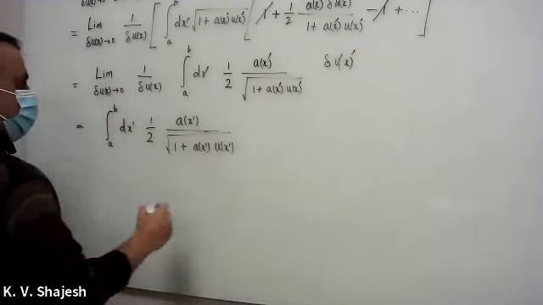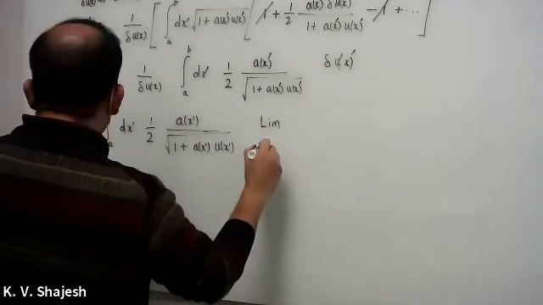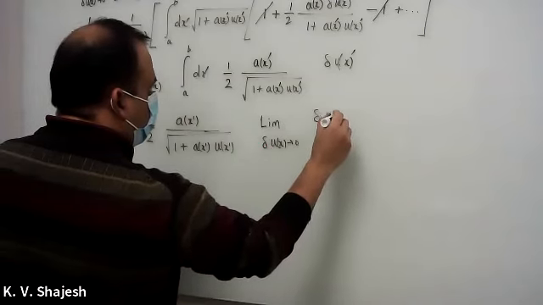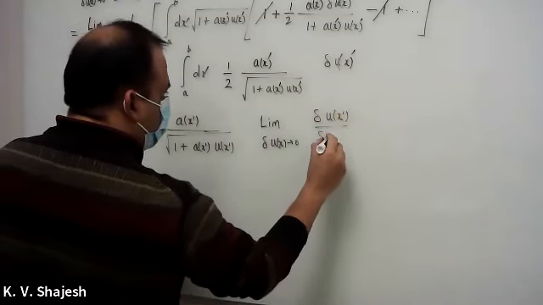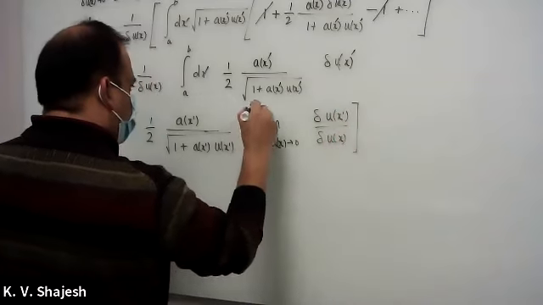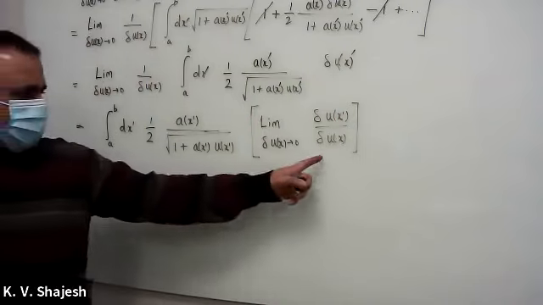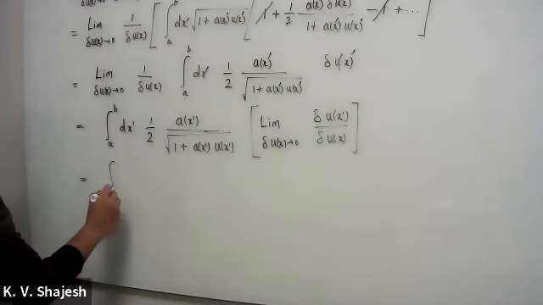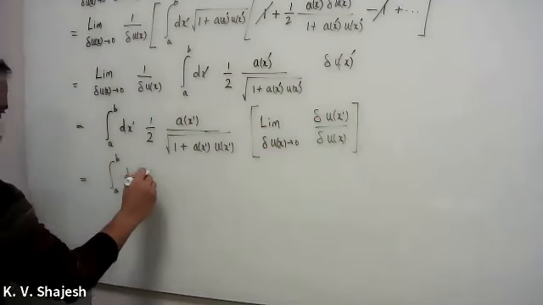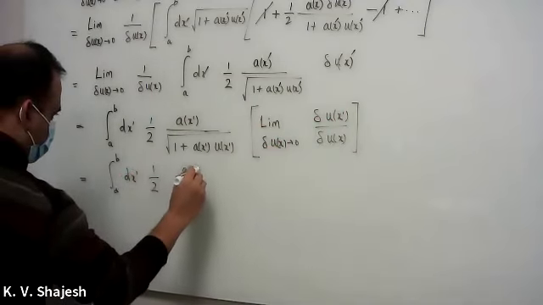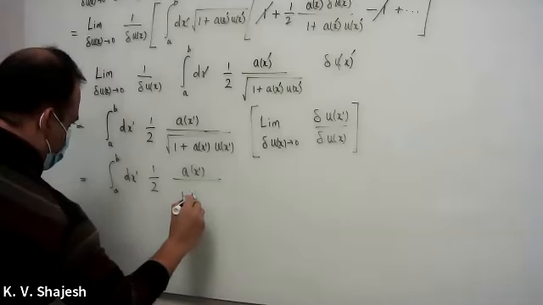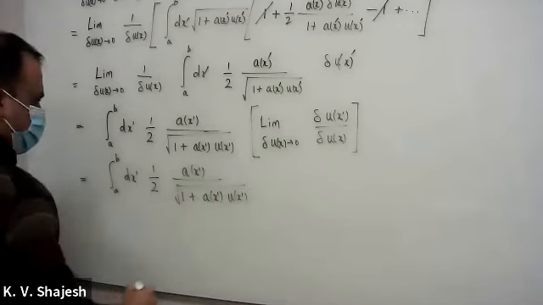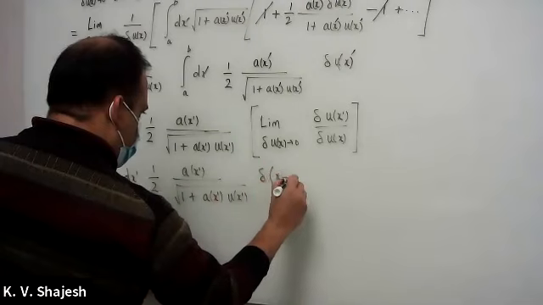Most of the things now will be the same, and this is the limit delta u of x going to 0 of delta u of x prime over delta u of x. But that we know is the delta function. So this is a to b dx prime, 1 by 2 a of x prime over 1 plus square root, and this is delta of x minus x prime.